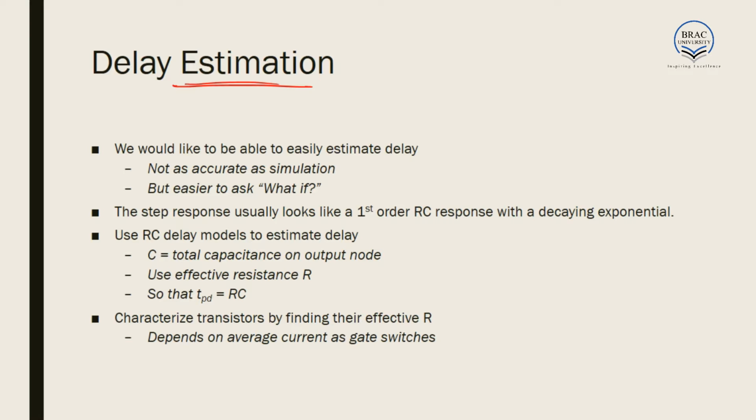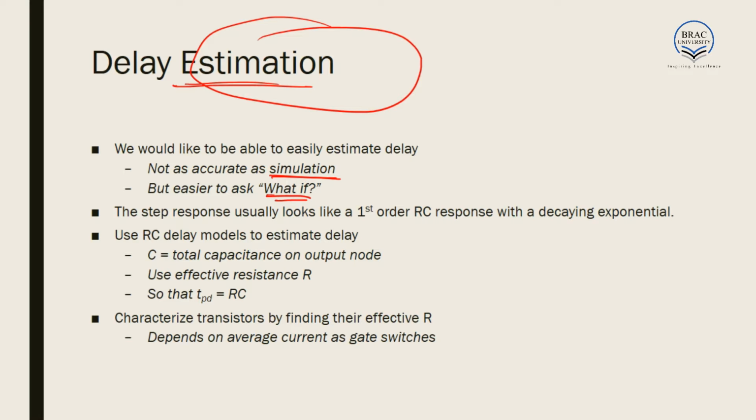That delay will not be accurate, but it will give us an estimation of what the real delay is. So now we would like to estimate the delay easily. Obviously it will not be as accurate as simulation because we are using the term estimation. It's our estimate, but it will be easier to ask what if, and easier to understand how it's working.